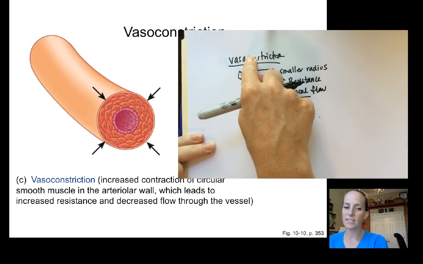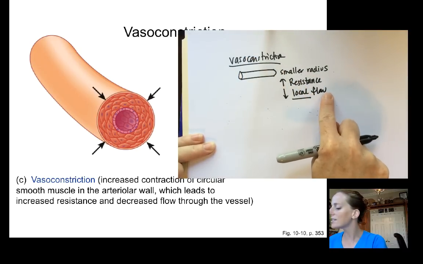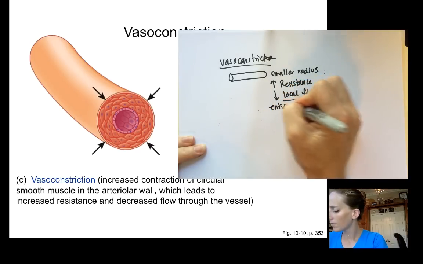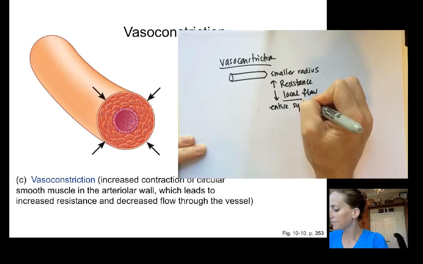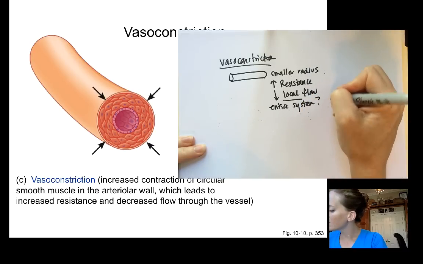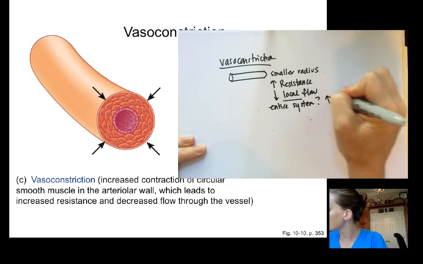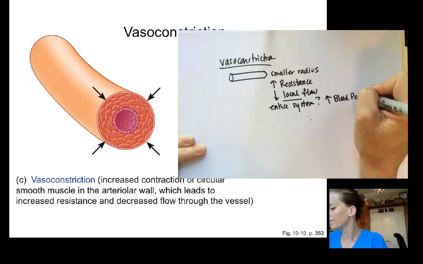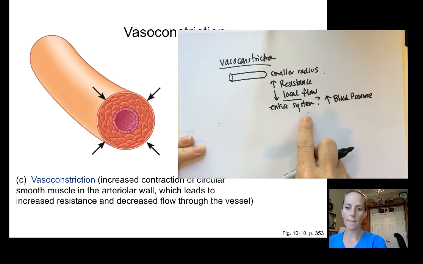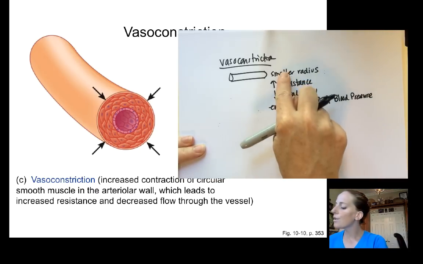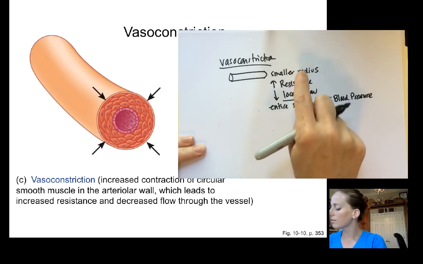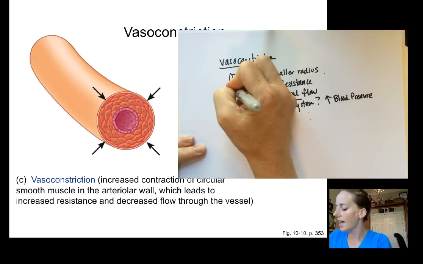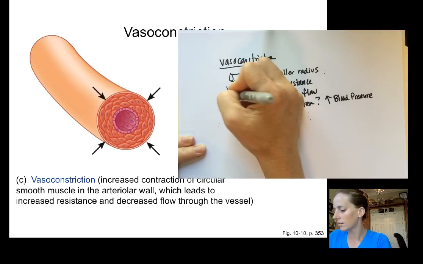But if we have vasoconstriction through the entire system, then that is going to increase blood pressure. Okay. So locally, we will have smaller radius, more resistance, and less flow in less active tissues.